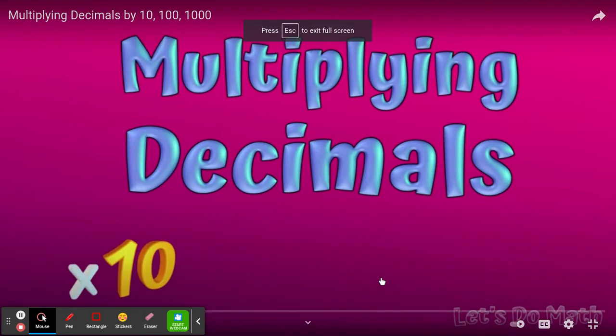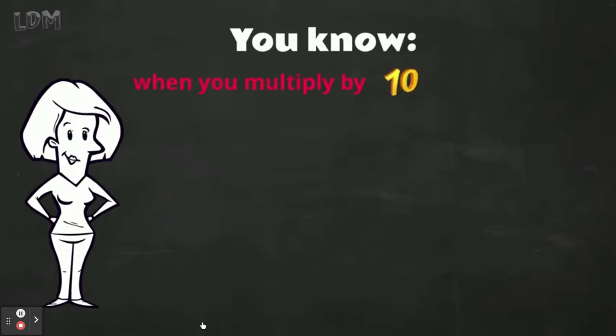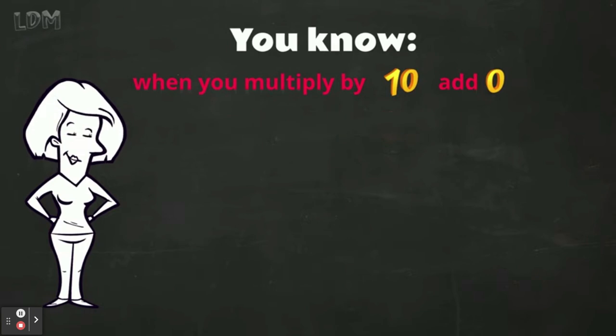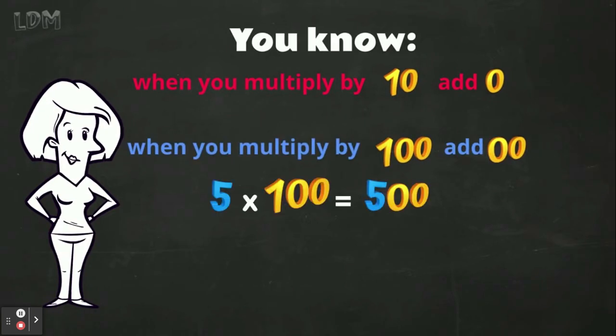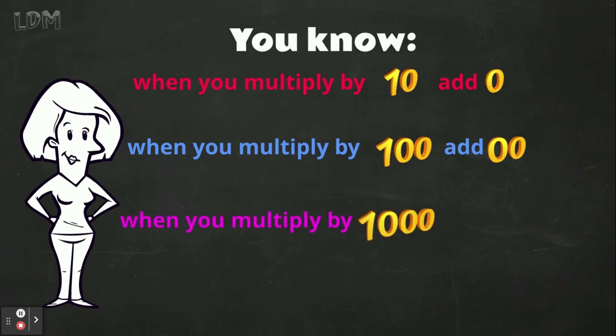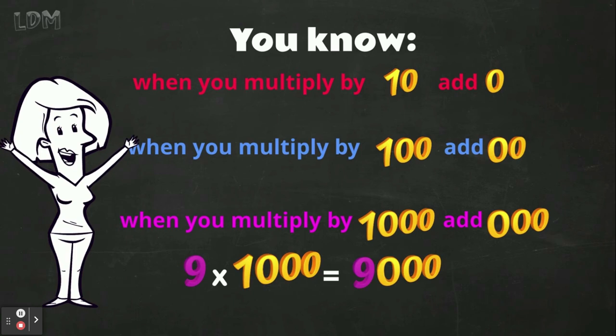Multiplying decimals by 10, 100, and 1000. You know, when you multiply a number by 10, you add a 0. When you multiply by 100, you add 2 zeros. And when you multiply by 1000, you add 3 zeros.